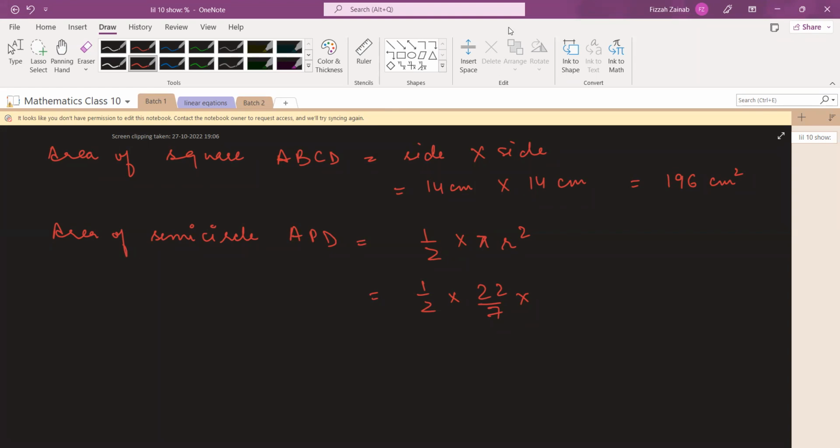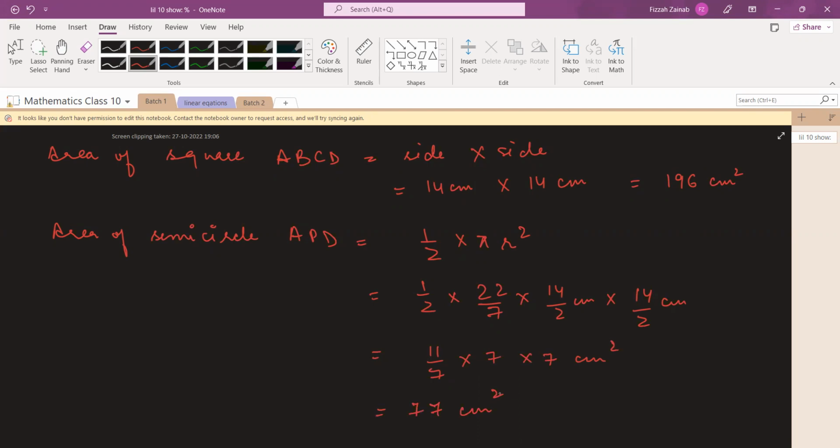Yes. Okay. So this is 7, right? 14 by 2 you can write if you wish. 14 by 2 into 14 by 2 because 14 is given in the question. So this is half of the diameter. Now you simplify. So this will become 11 by 7 and then into 7 into 7 centimeter square. Then 7 cancels out and 11 into 7 is 77. So 77 centimeter square, right?